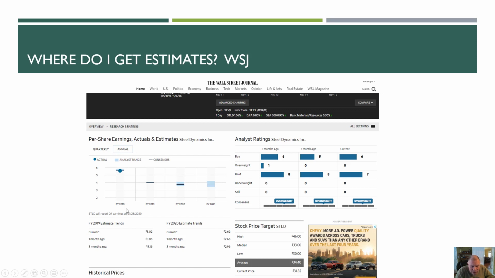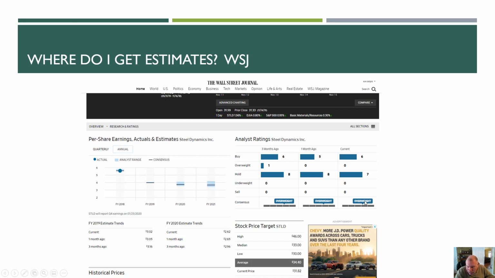And this is the historical, and this is 2019, 20, and 21. So we can see the consensus for 19 is 3.02, and 2.62. If we look here, it's been going down. Okay, so we can compute the PE because we know the current price, and this is the future price.